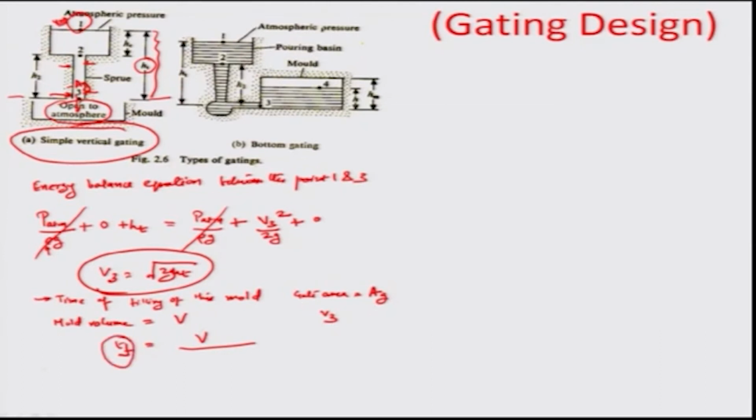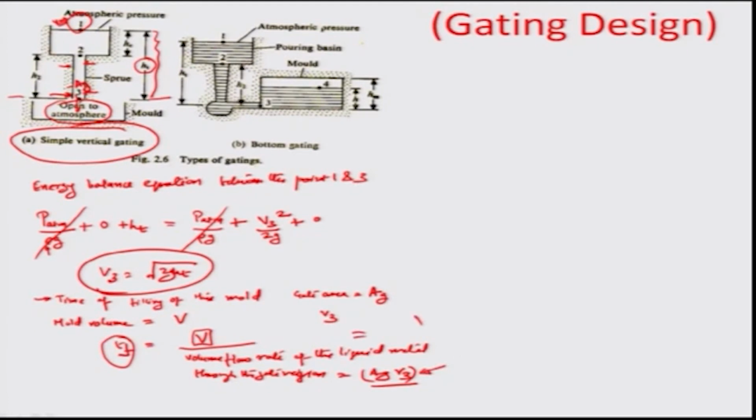So, the time needed to fill is the total volume of the mold V divided by the volume flow rate of the liquid metal through the gate region, and that volume flow rate is A g times V 3. Okay. So, the area of cross section times the velocity, which is distance per unit time. So, that is an idea of how you calculate the T f.